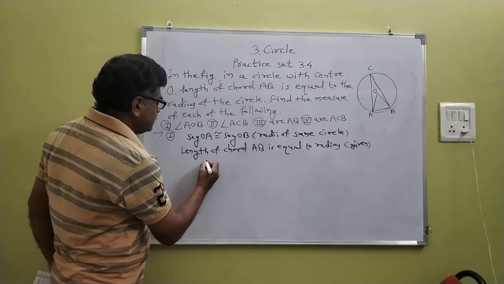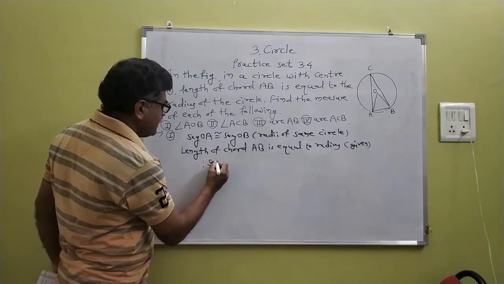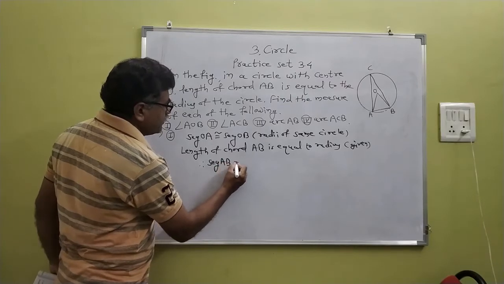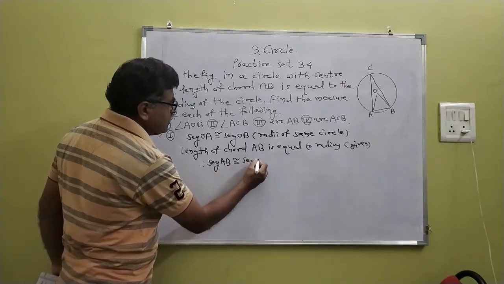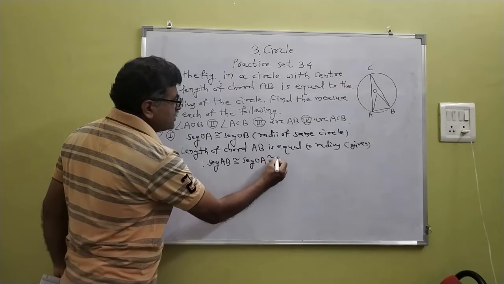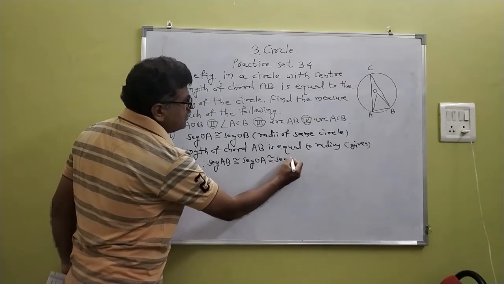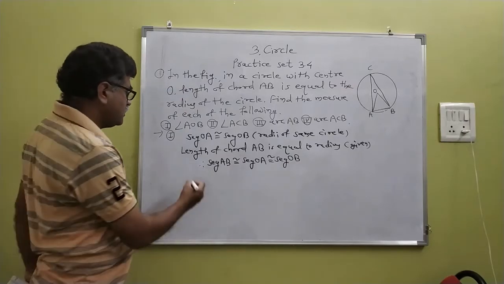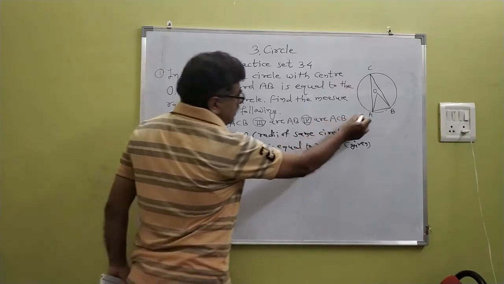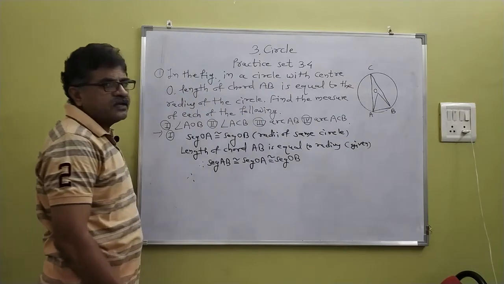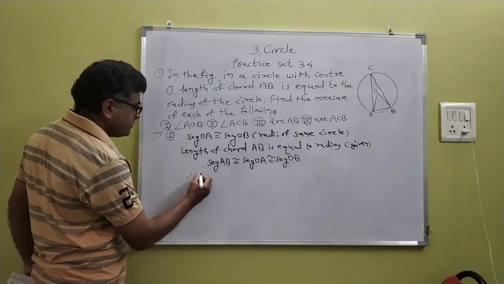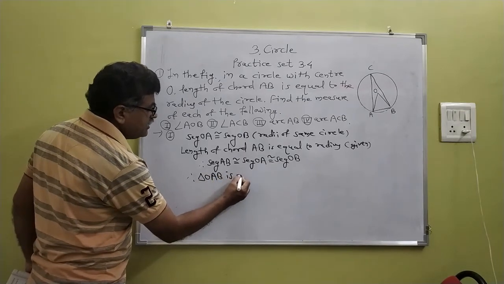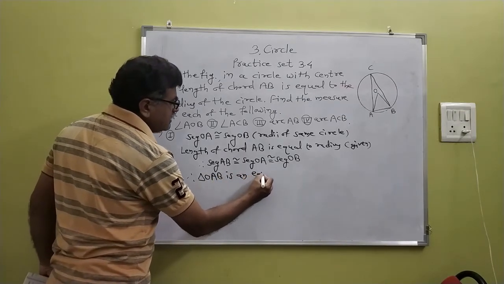Therefore, we can write all these three are congruent. That is, segment AB is congruent to segment OA, congruent to segment OB. All these three segments are congruent. Therefore, triangle AOB is an equilateral triangle.